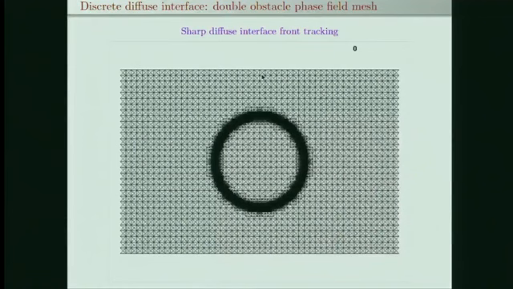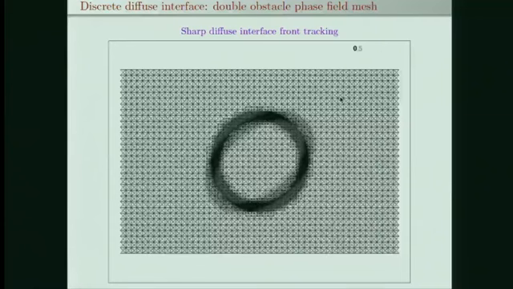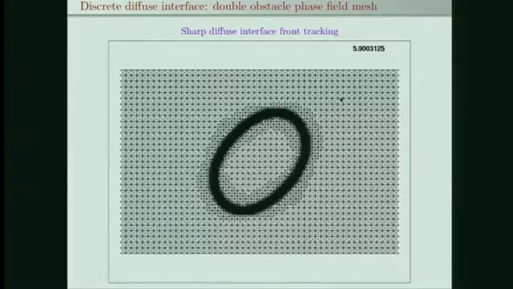So the natural thing you're going to do is to use time-dependent adaptivity. So you refine and coarsen in appropriate places, and this is what you do. So there, the underlying grid is fixed, but you refine and coarsen as you solve the phase field equation. Okay, so in this instance, this is what we call the sharp diffuse interface front tracking, because we use a different type of phase field.